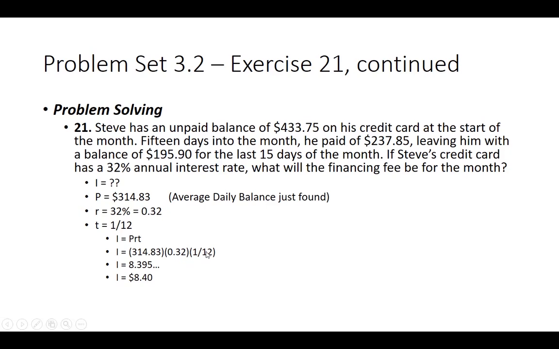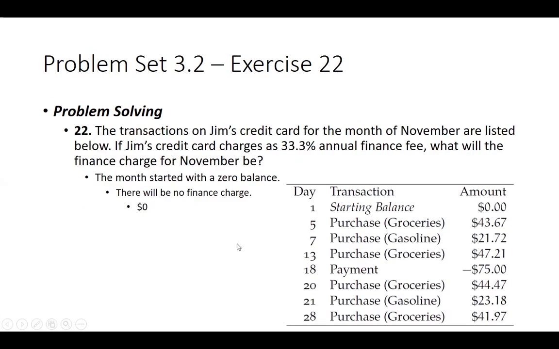P is 314.83, R is 0.32, T is 1/12. We go 314.83 times 0.32 times 1 divided by 12. And that gives us 8.395 and some more digits we don't care about, but the 5 is important because it rounds us up to 40 cents. The interest, the financing fee for the month is $8.40.